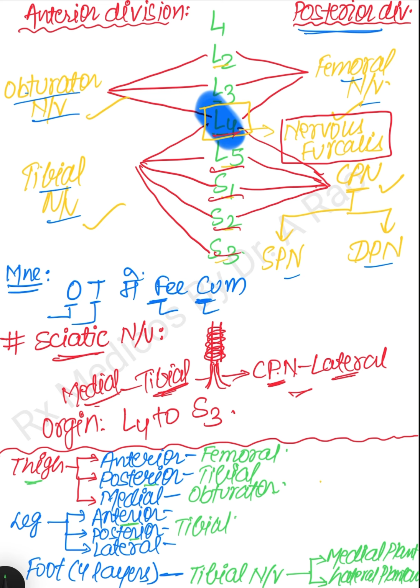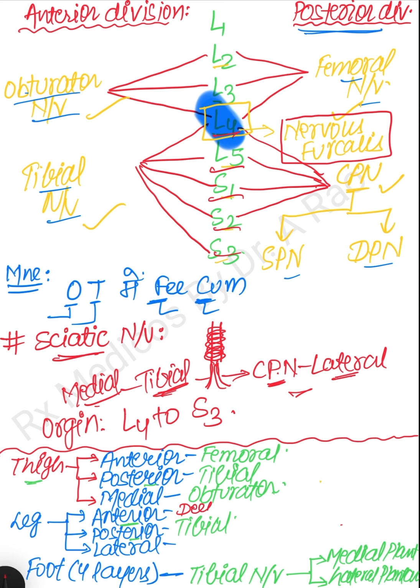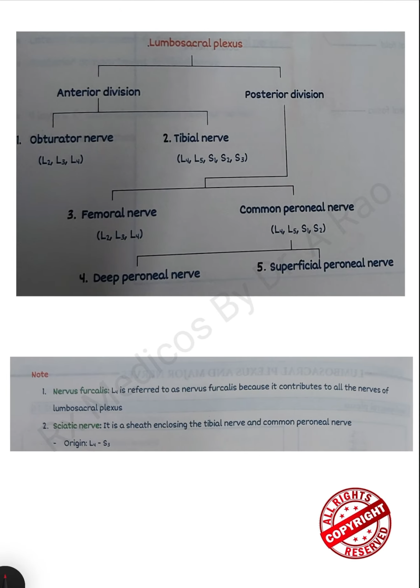The anterior compartment of the leg is supplied by the deep peroneal nerve or deep fibular nerve. And the lateral compartment is supplied by the superficial peroneal nerve, or we can say the superficial fibular nerve. So this is basically the overview of the nerve supply to all the compartments of the lower limb, whether we are talking about the thigh region, leg region, or the foot region.